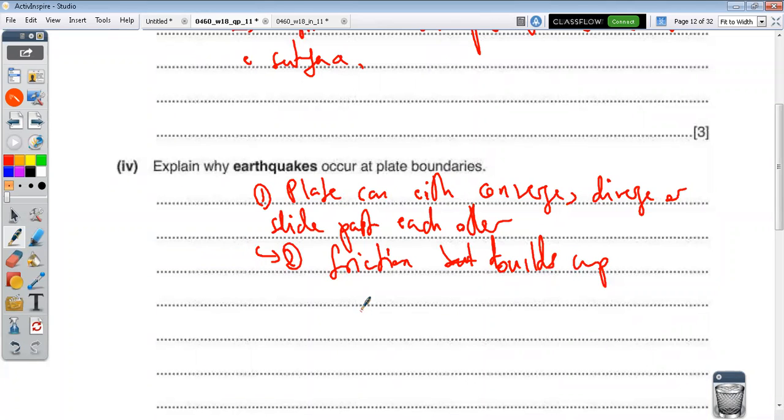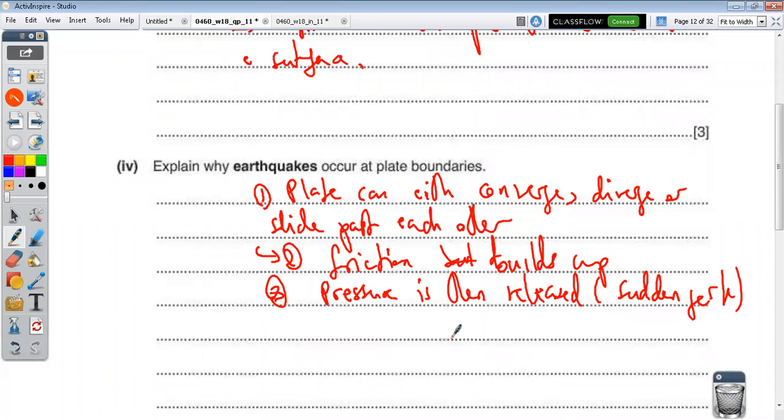Friction builds up. Then when friction builds up, the pressure is released, which they call the sudden jerk. Clear. So it causes a sudden fracture.